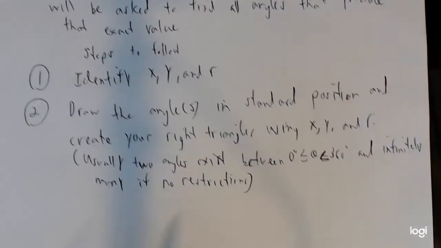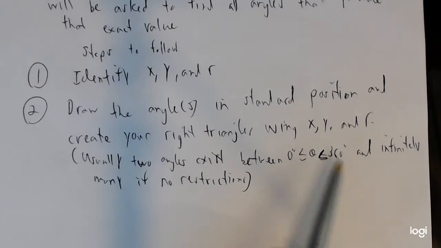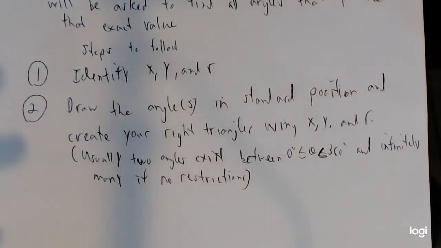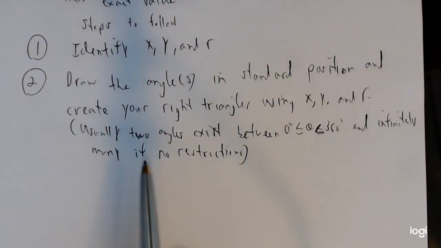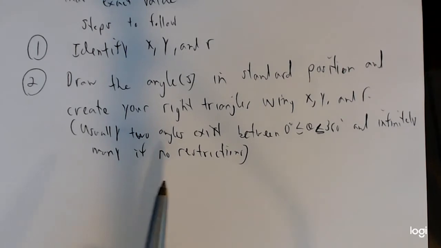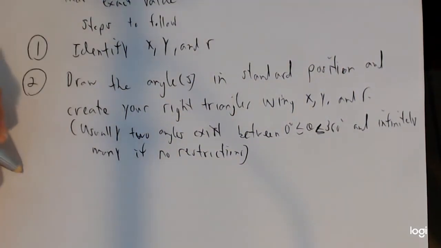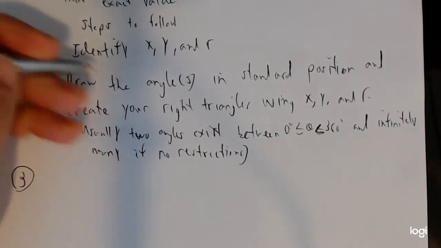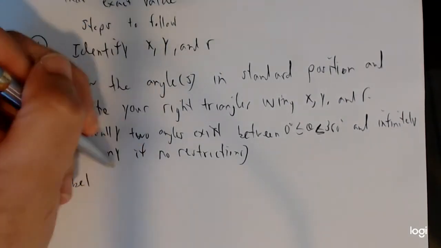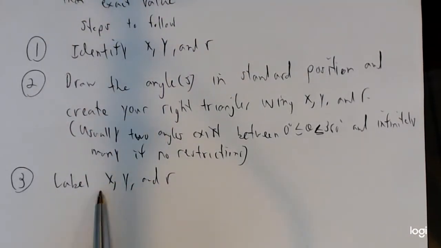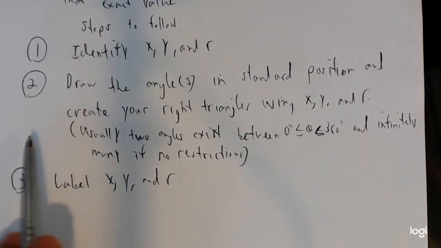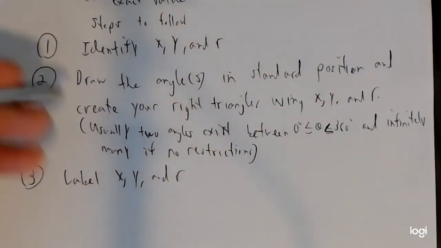If you have a restriction saying we want all angles between 0 and 360, expect two. But if there are no restrictions, you're always going to have infinitely many. In the example we'll do, we won't put any restrictions, so you'll see how we can write out that there are infinitely many. Okay, so once you draw your triangles, then we label x, y, and r. Maybe this shouldn't be its own step, since you pretty much do that in step 2 also, but we'll just write it out. It's important that you label it.